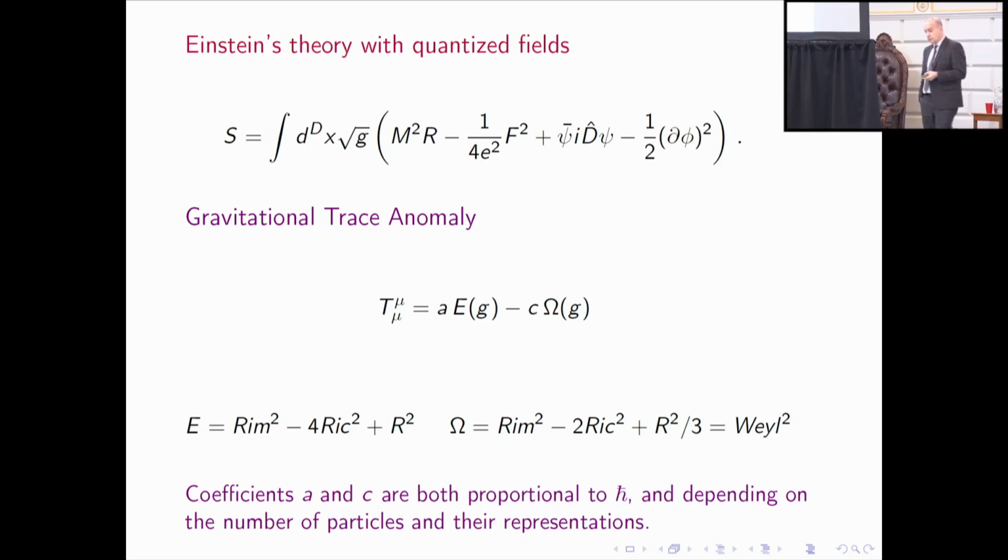So this is the action of general relativity. I already wrote it with D. That means D space-time dimensions, although I'm interested in 4. And first term is the Einstein-Hilbert term. Capital M stands for the Planck mass. I don't use subscript. Well, it's actually M Planck divided by square root of 2.